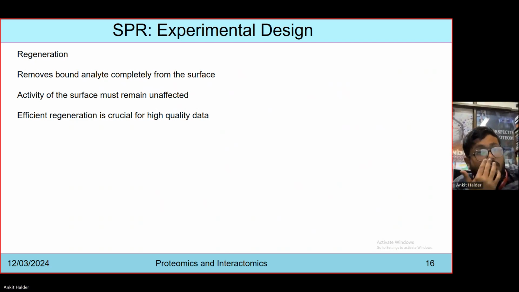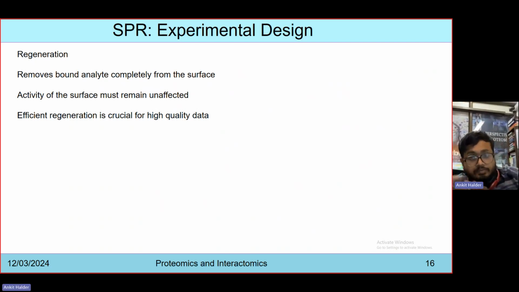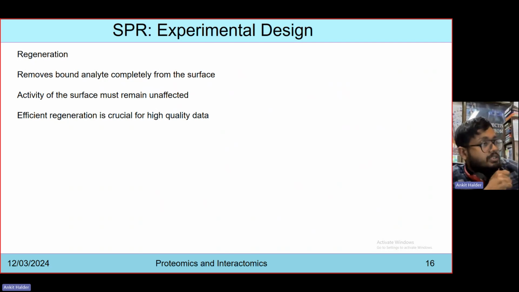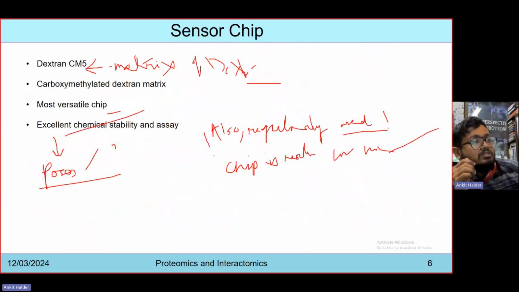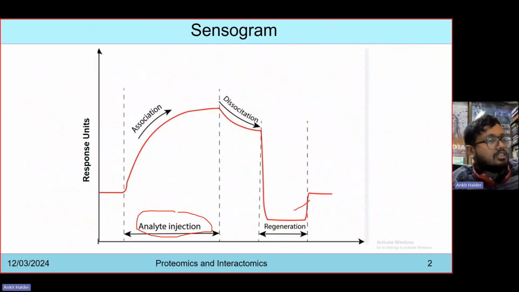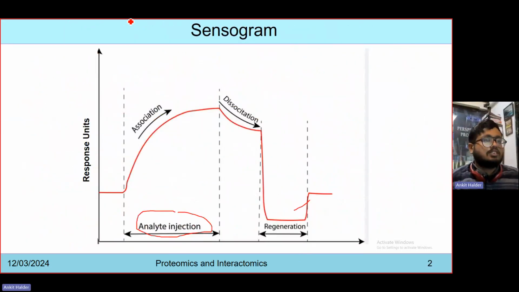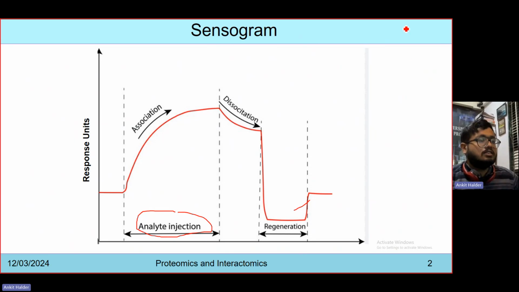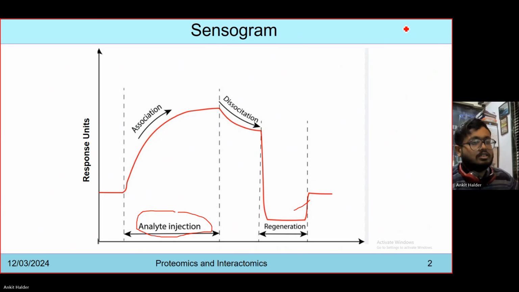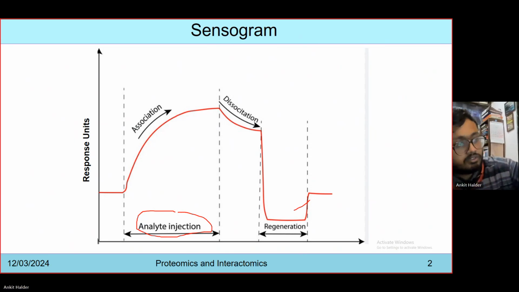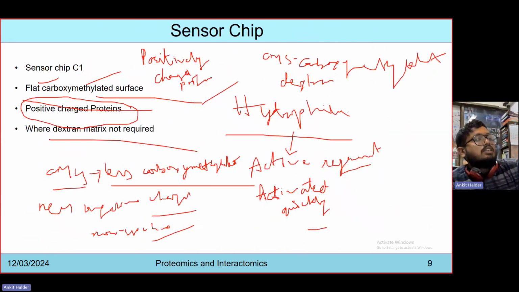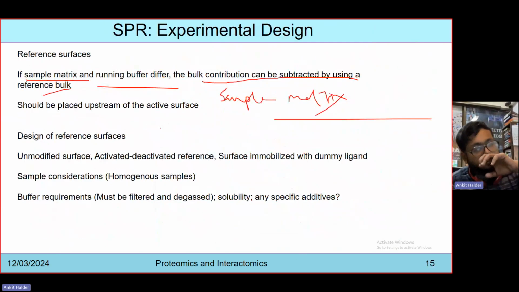Now another step is the regeneration step, which I showed you in the complete workflow. This is the regeneration step where you need to regenerate or reclaim the surface of the sensor, removing all the bound analytes from the ligands. So that step is also quite important.